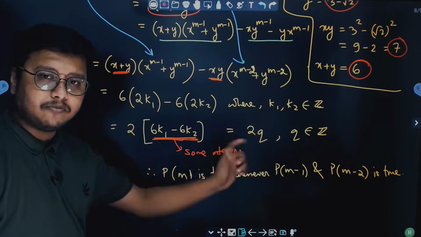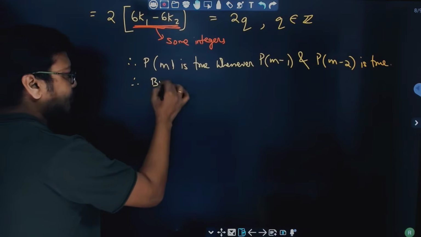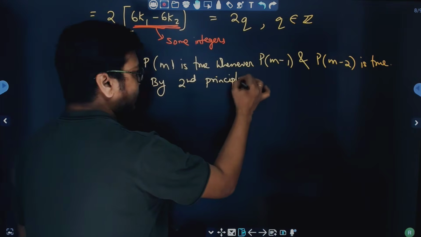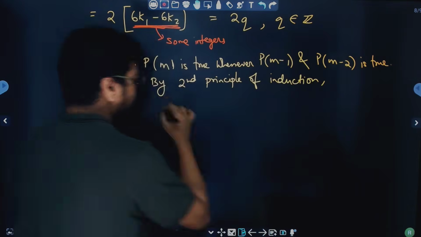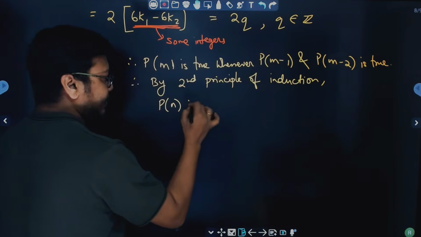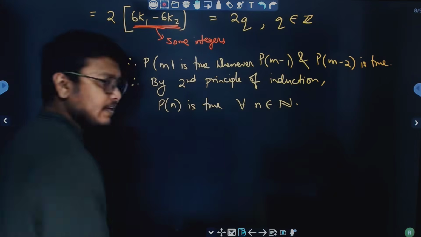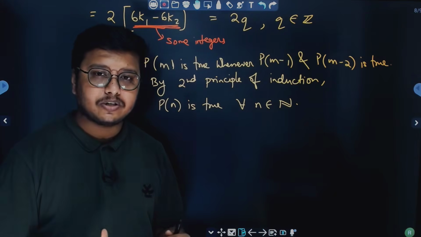So I took the help of the previous two statements. Therefore, by the second principle of induction, Pn is true for all n belonging to natural numbers. So this is all about mathematical induction.